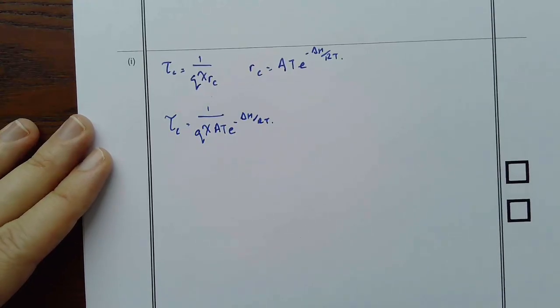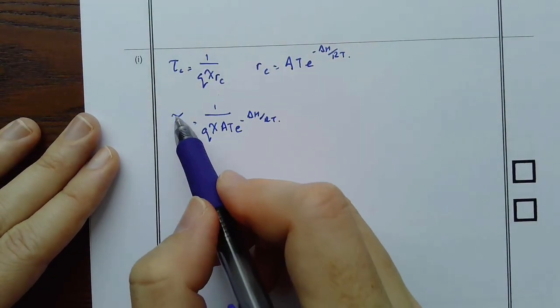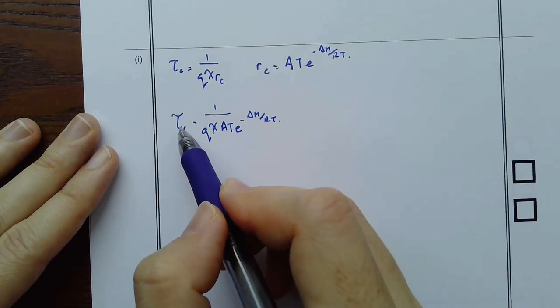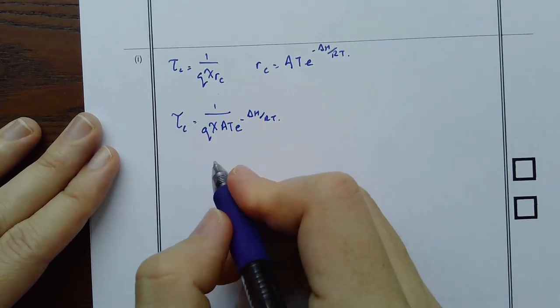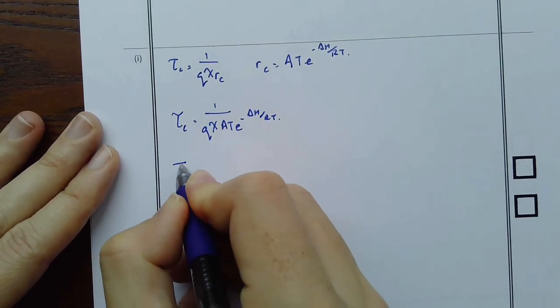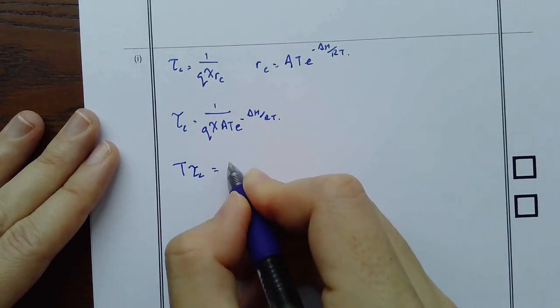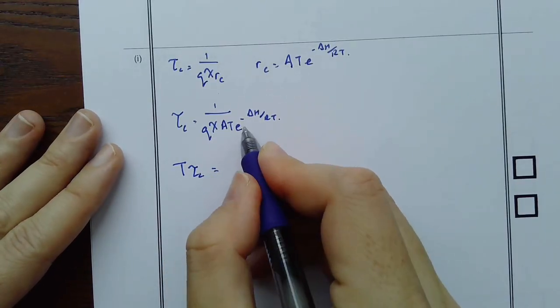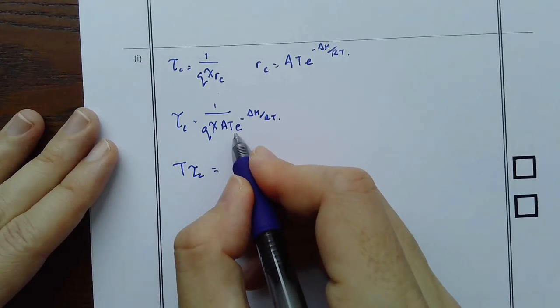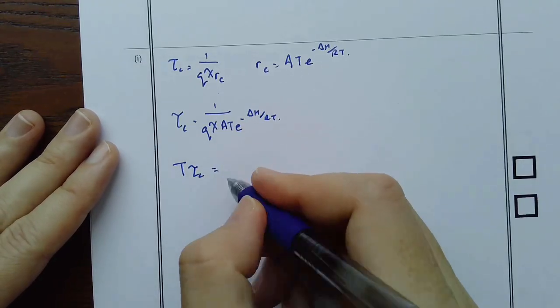I think so. We were told that we want y in terms of tau c and T, so I can multiply it up here. So I'm going to get T tau c is, and then I want my exponential to be, well, my exponential here is in the denominator, but it's a negative, so I can put it up top.